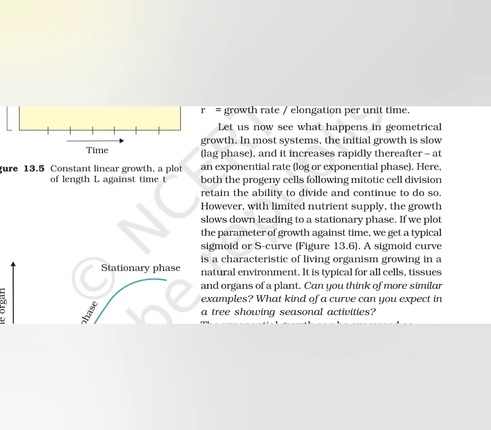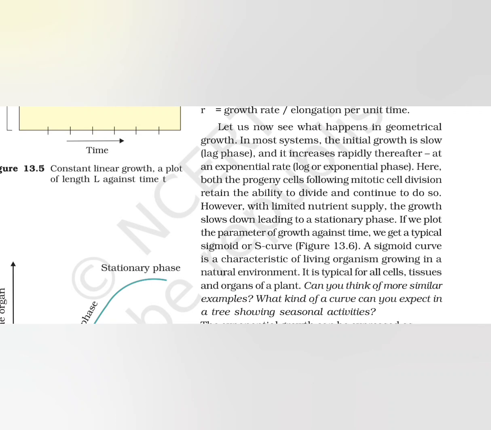In most systems, the initial growth is slow, the lag phase, and it increases rapidly thereafter at an exponential rate, the log or exponential phase. Here, both the progeny cells following mitotic cell division retain the ability to divide and continue to do so. However, with limited nutrient supply, the growth slows down, leading to a stationary phase.